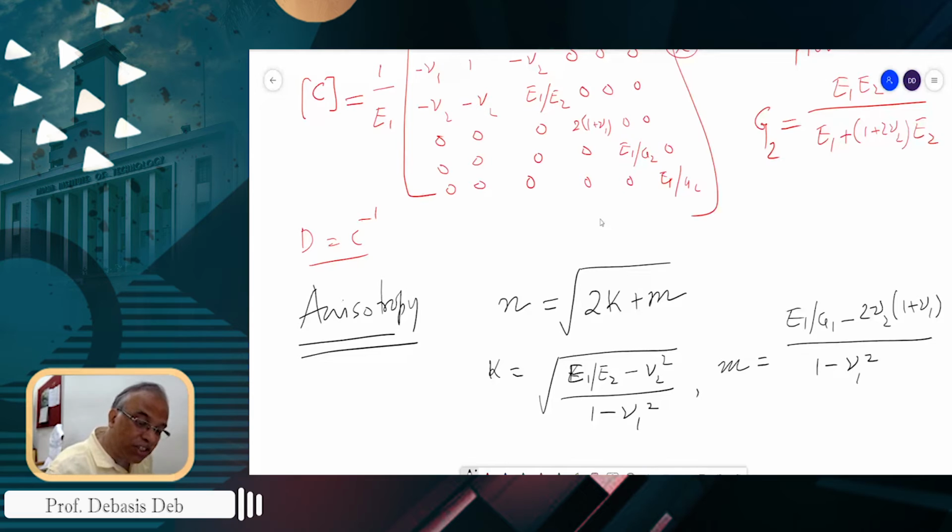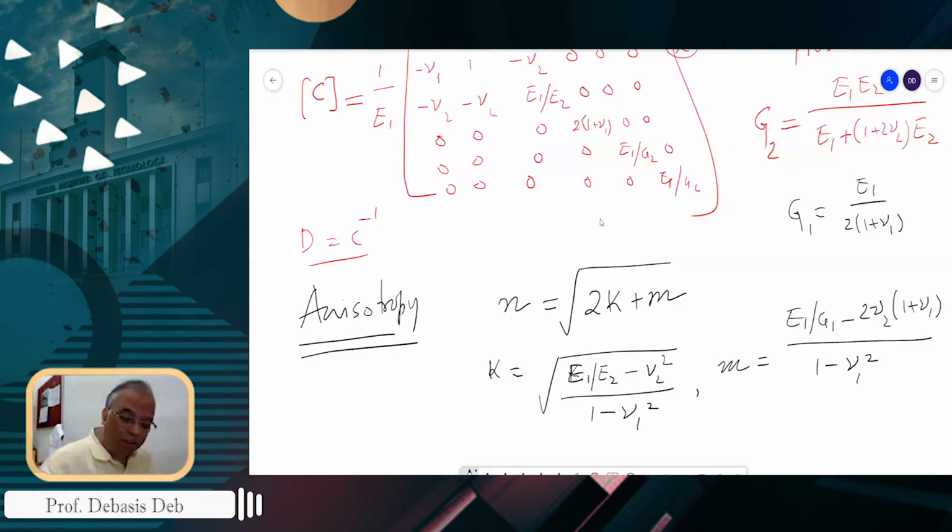Here G1 is the same, E1 by 2 into 1 plus mu1, that remains, that is the shear modulus. And this mu2 and E2 are again in the transverse direction.